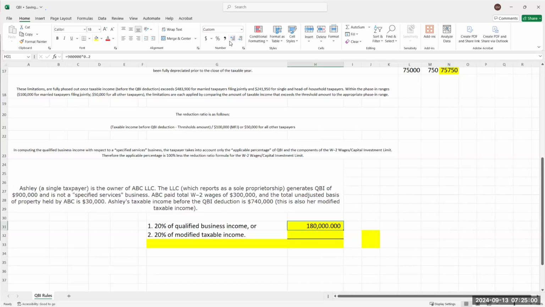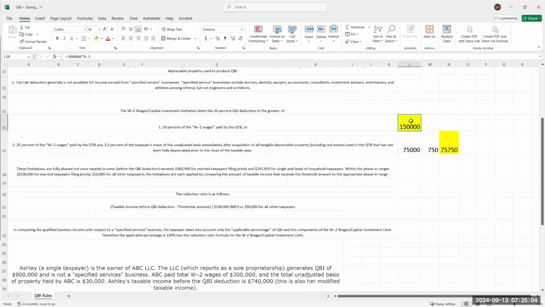180,000, which is 20% of qualified business income. 150,000, which is 50% of the W-2 wages, and 75,750, which represents 25% of the W-2 wages plus 2.5% of the unadjusted basis of the assets, right?